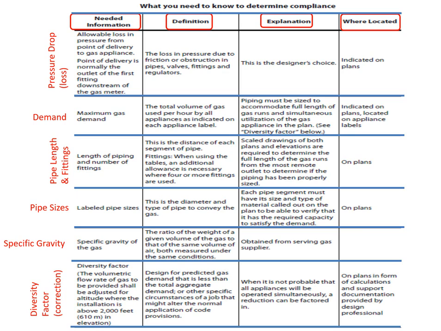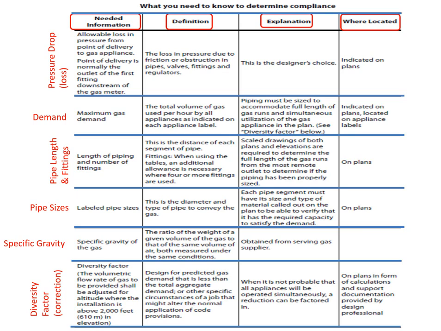Definition: the total volume of gas used per hour by all appliances as indicated on each appliance label. Now, we're given a demand, of course, maybe an input value of the appliances in kilowatts or kW. We're very interested in that value.